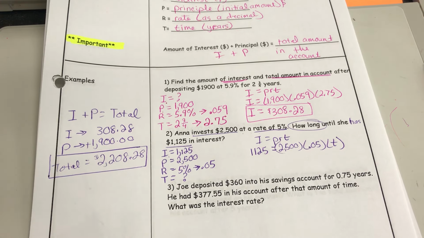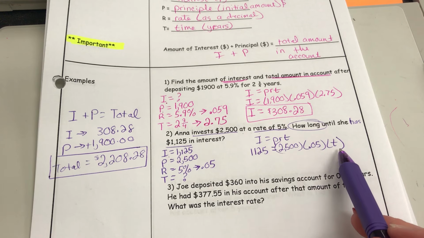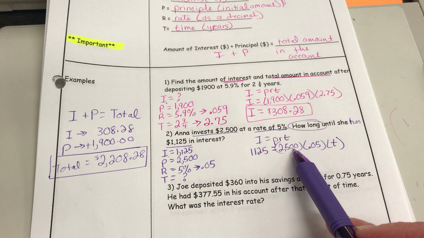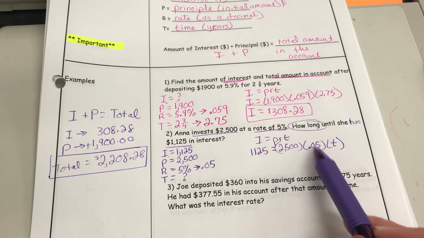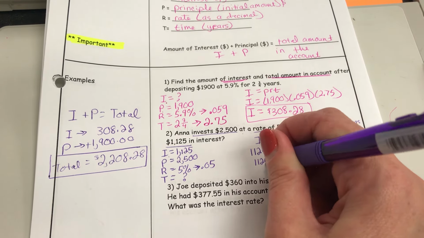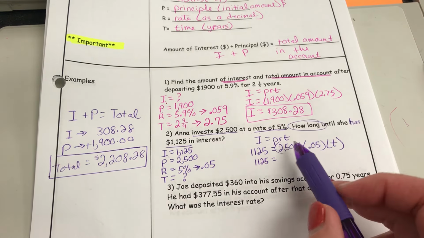Try to keep the variable to itself. Move everything else away from the variable. Well, no. Combine like terms first. Yeah, multiply them. So multiply those two, because we want to simplify as much as we can on each side, correct?